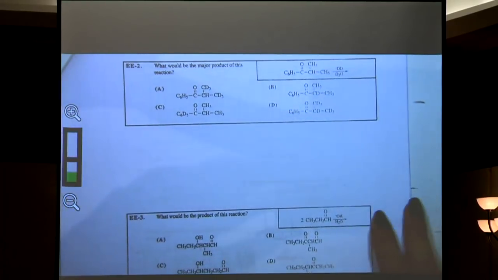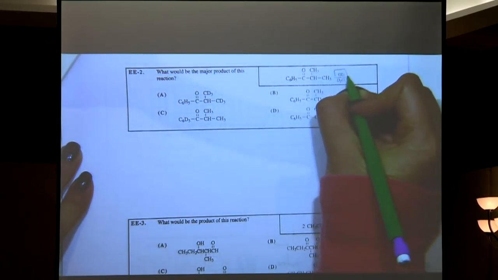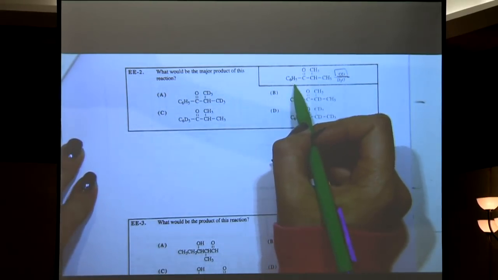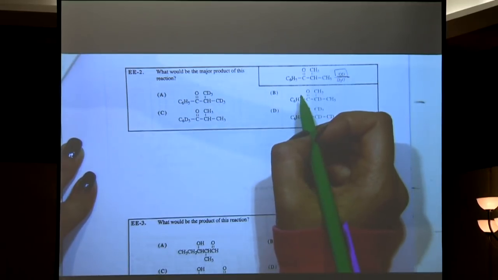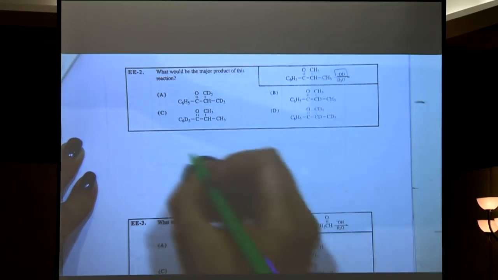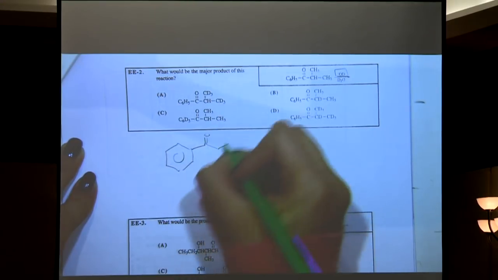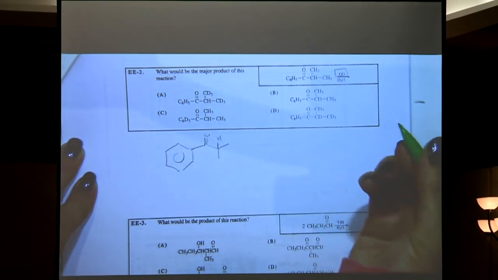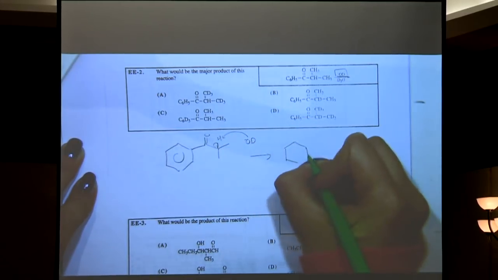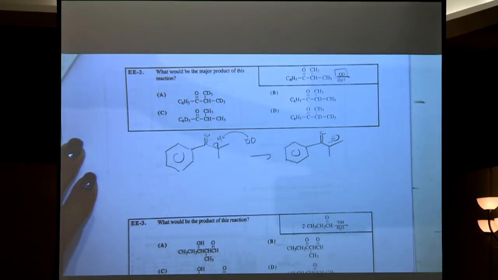This should be pretty familiar as well. We're going to use this to form the enolate. If we look at the left of this structure, we have a benzene ring, so there aren't really any hydrogens that we can take. So it's going to take the hydrogen from this side. I'm just going to draw it. We have the enolate right there.